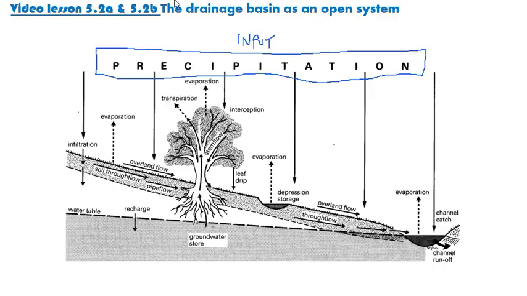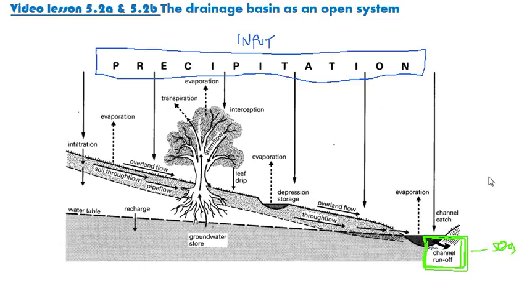If water can enter a drainage basin, then it can also leave it, and there are three ways water can leave a catchment area or drainage basin. The first one is it can flow in the river channel into the sea or into lakes, or another river drainage basin.